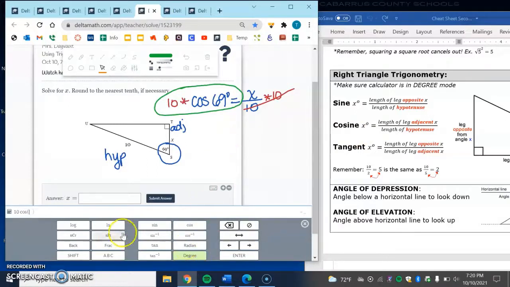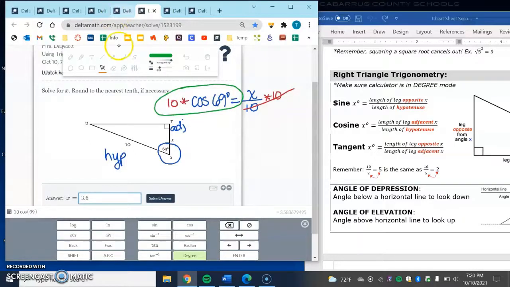So 10 cosine, and then I'll type in 69. Okay, and that is in degree mode. So that is the length of x based on the ratio of a right triangle with a 69-degree angle. That tells me that this leg would have to be about 3.58, but if I round to the nearest tenth, that would be about 3.6.